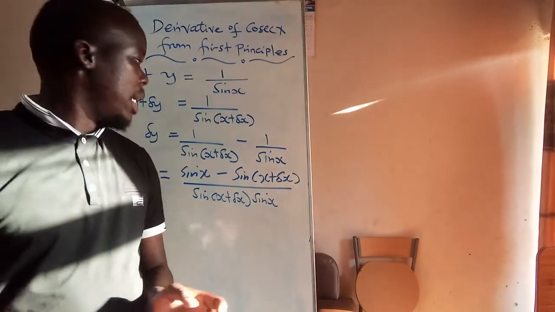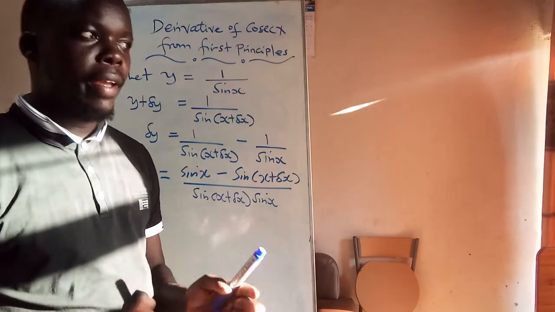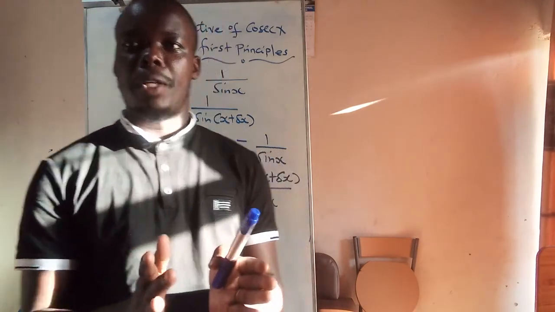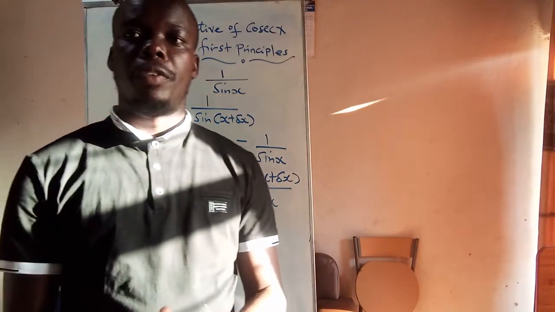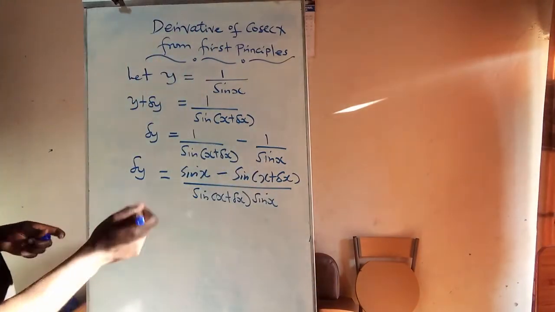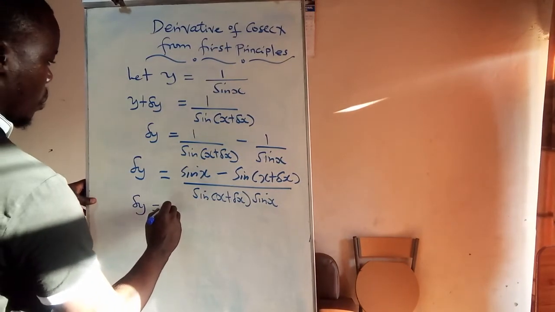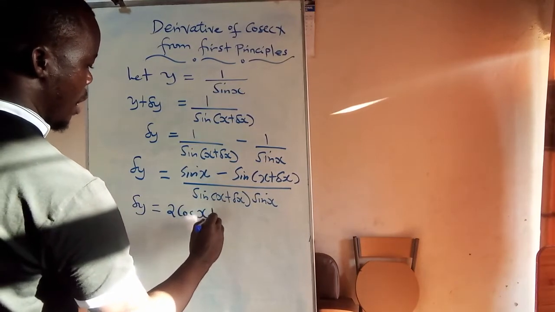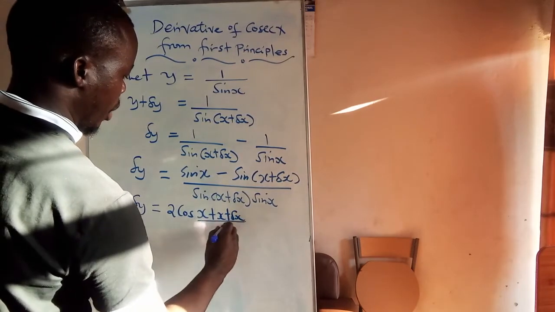The factor formula in this case is the one where we had sine A minus sine B as 2 cos of (A plus B) over 2, sine of (A minus B) over 2. So it means I'm going to take A to be x, so it will be 2 cos of x, but I'm adding the x plus delta x, all this divided by 2.